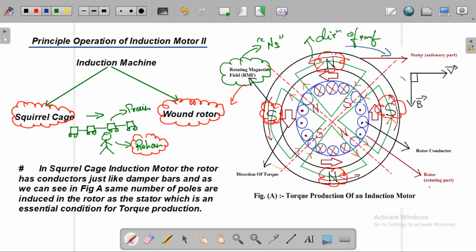This clockwise direction is the direction of the rotor conductor.